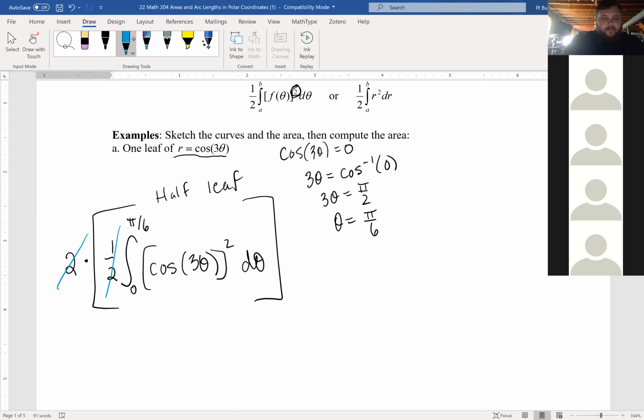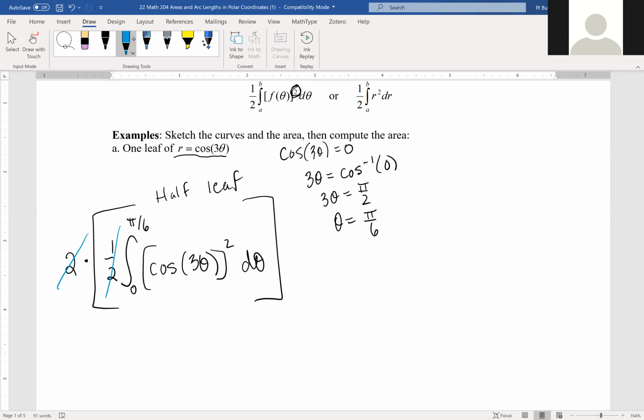Now, what do we do with cosine squared? Anybody recall? Anybody remember this equation?